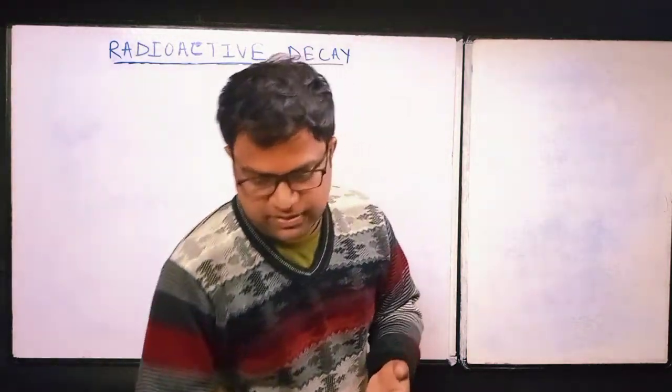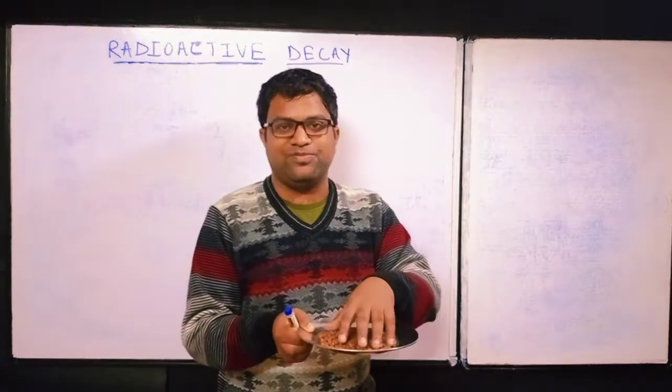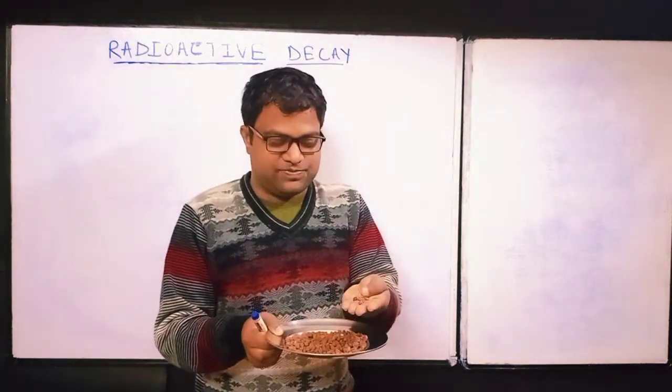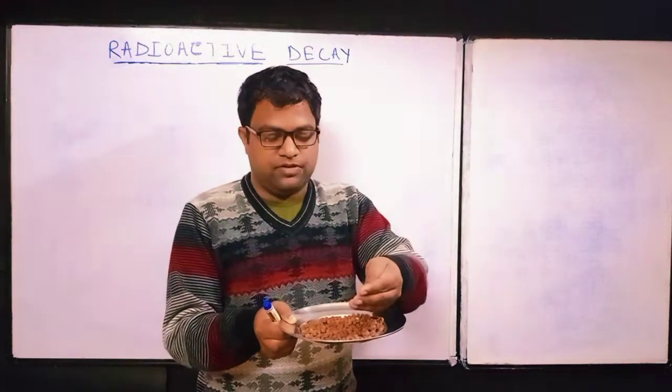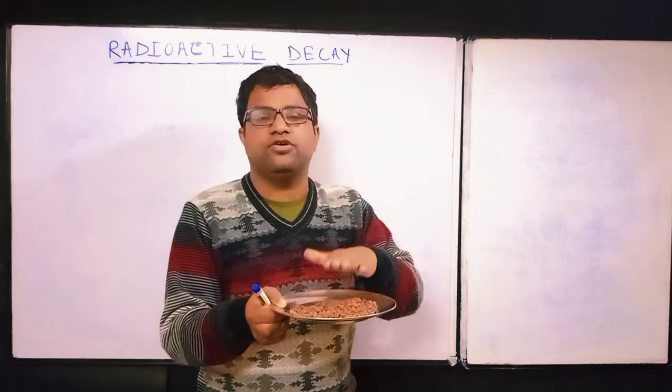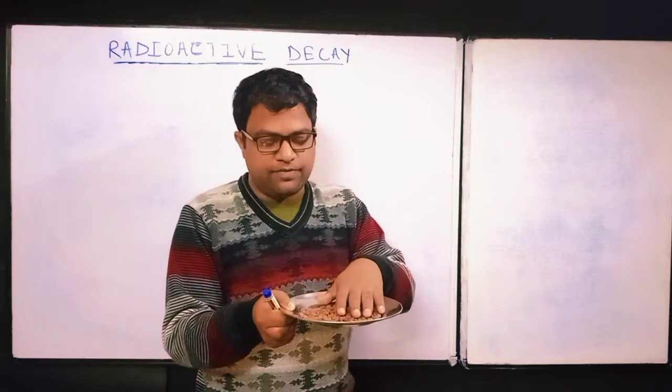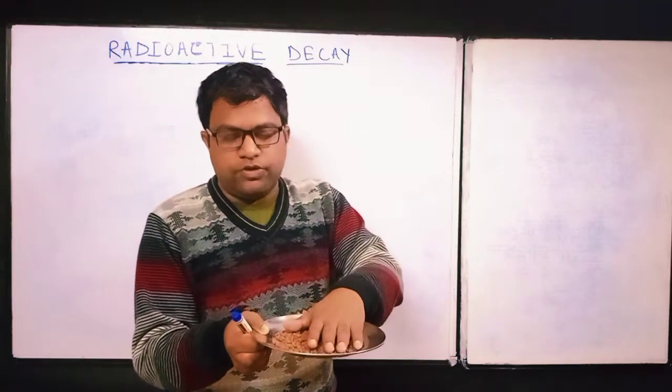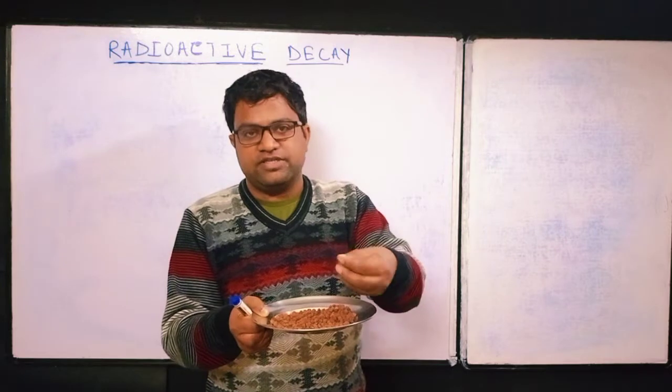Let's say in a sample here I have kept some small peas. Now let's say these peas are your radionuclei. Now we do not know exactly when they will disintegrate.